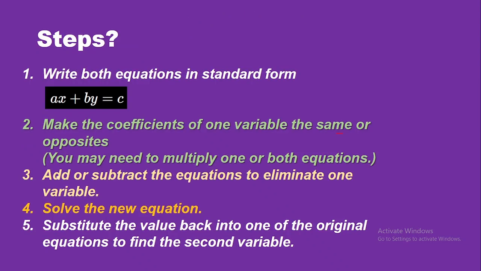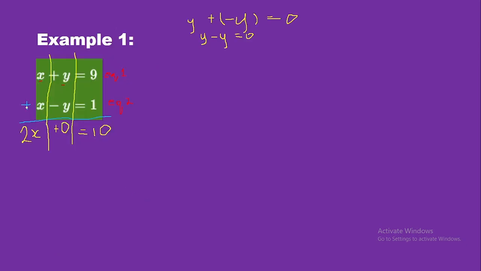Moving on to step 3: add or subtract the equations to eliminate one variable. In this case, I added my two equations, and when I added them, the variable y was cancelled out, or disappeared, because y plus negative y is equal to 0, and because it's equal to 0, my y basically disappears.